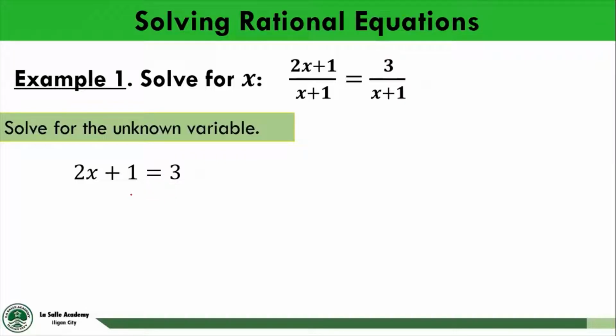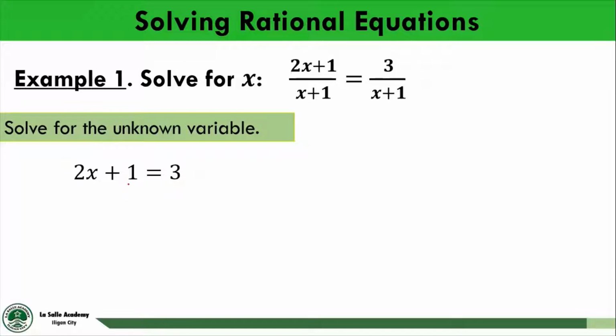We need to get rid of this coefficient 2 and this number, which is positive 1, to solve for the unknown variable, which is x. To do that, let's begin with eliminating positive 1 on the left side of the equation.